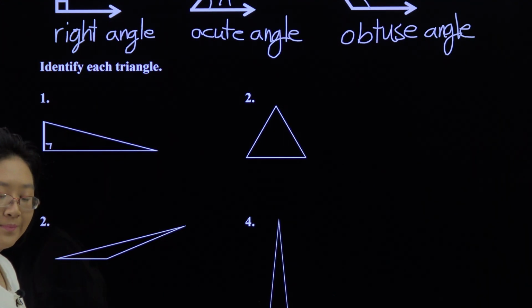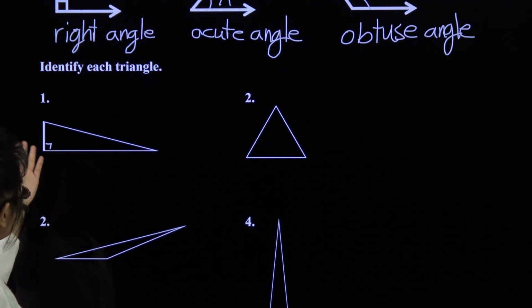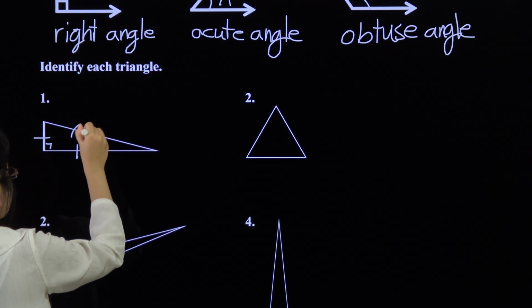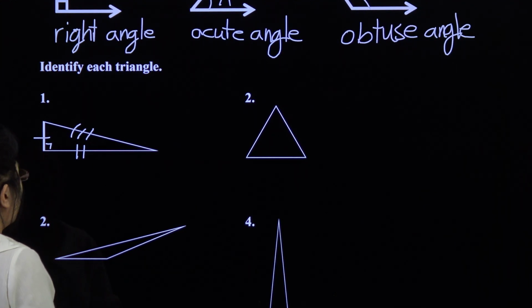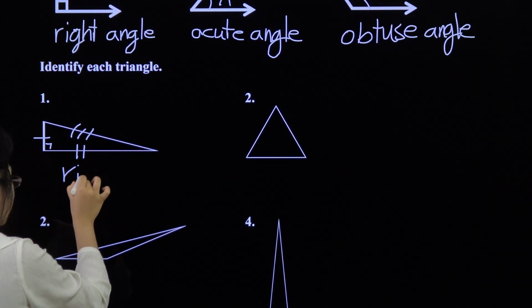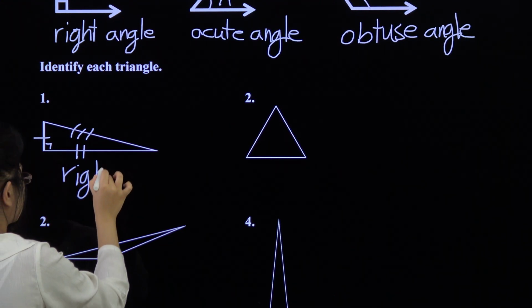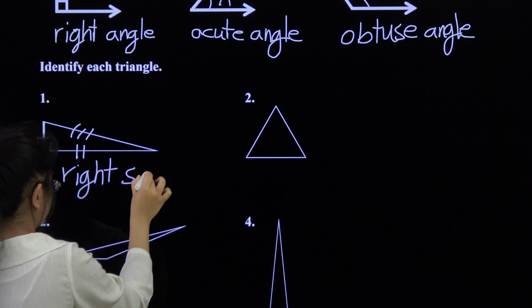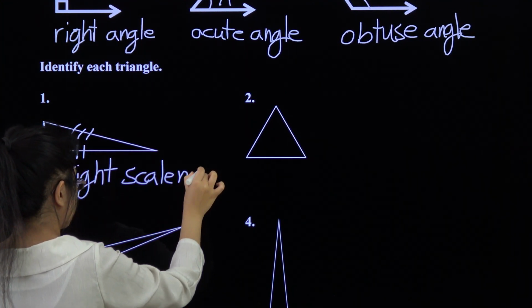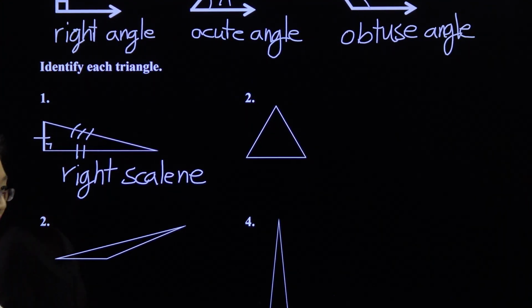So, yeah, the three sides are all different lengths. And there's a right angle. So it's a right scalene triangle. The angle bit always comes first.